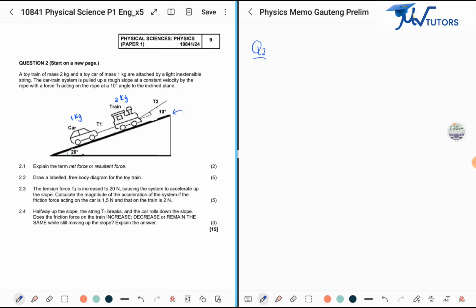We're expecting there to be a coefficient of kinetic friction because they're moving. A rough slope at a constant velocity. So constant velocity means that the acceleration is 0. By the rope with a force T2. Okay, so we have that tension.